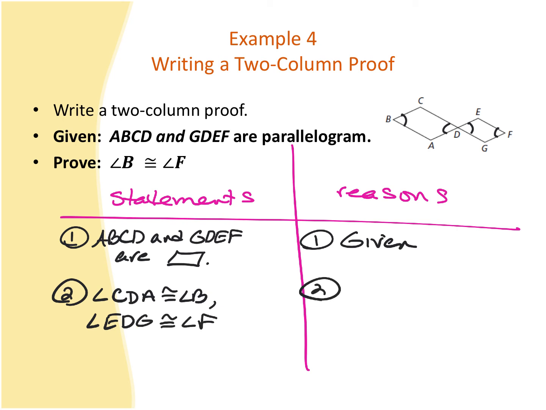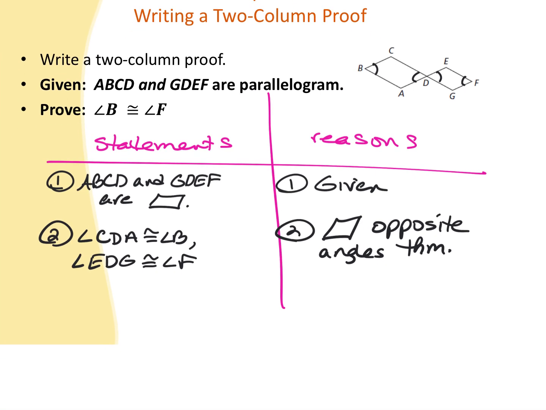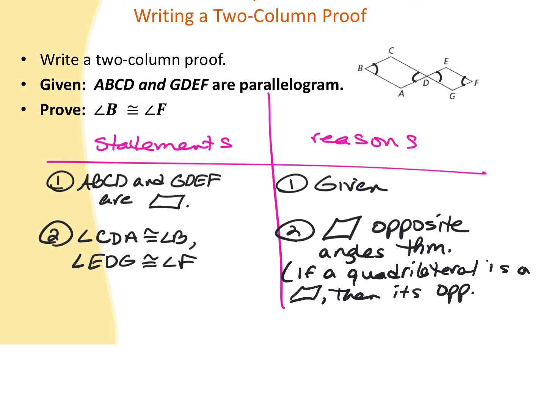And the reason why I can state that is because of the parallelogram opposite angles theorem. Now, if you didn't remember the name, you could have also just made the statement of what it says. It says that if a quadrilateral is a parallelogram, then its opposite angles are congruent.